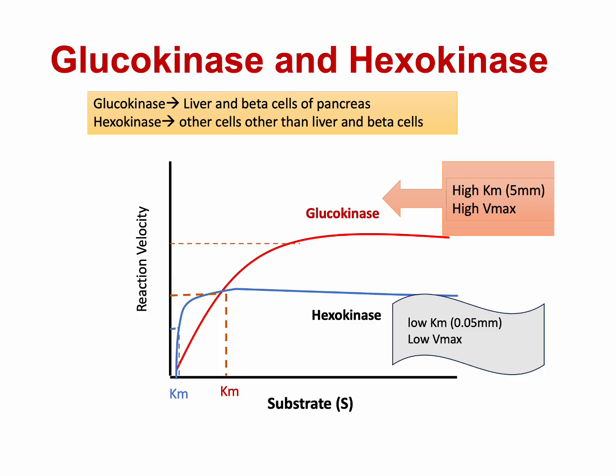The role of enzymes is to speed up chemical reactions by binding to substrates and forming a complex. When you create a graph with substrate concentration on the x-axis and reaction velocity on the y-axis, as the amount of substrate increases, the reaction rate rises until all enzyme active sites are filled up, a point called saturation, which corresponds to the maximum reaction rate or the Vmax.